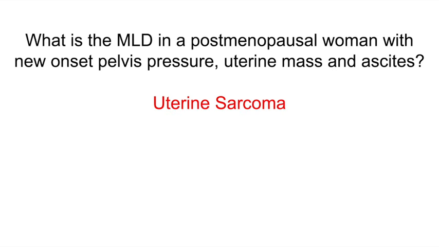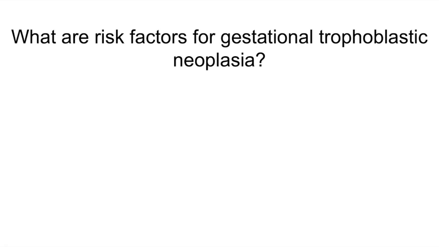condition is with hysterectomy. What are risk factors for gestational trophoblastic neoplasia? Hydatidiform mole and maternal age greater than 40. What is the treatment of choice of vulvar lichen sclerosus?